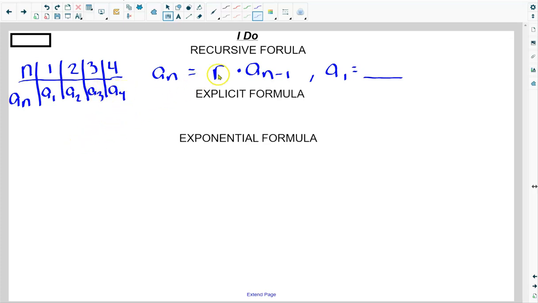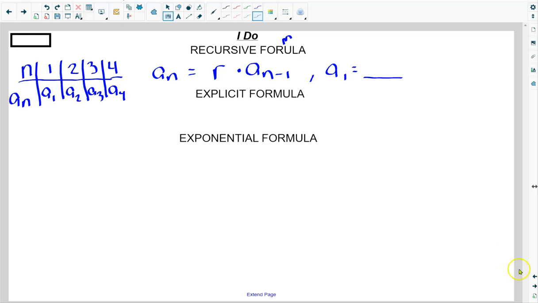I misspelled formula here. This is a formula that tells you the position. If you care about, let's say, the value in the fourth position, you would take R, the rate, and multiply times the position before: 4 minus 1 is 3. So some rate times 3.